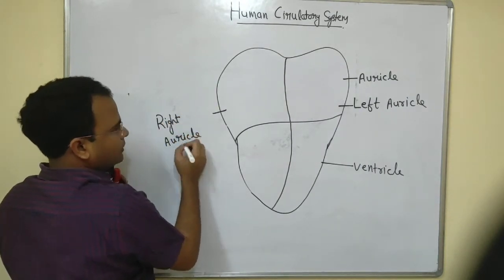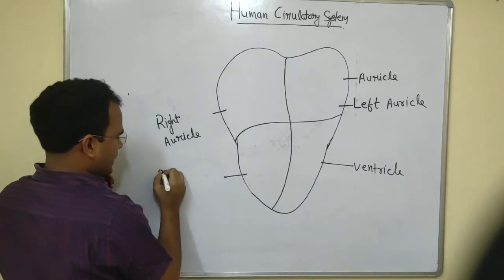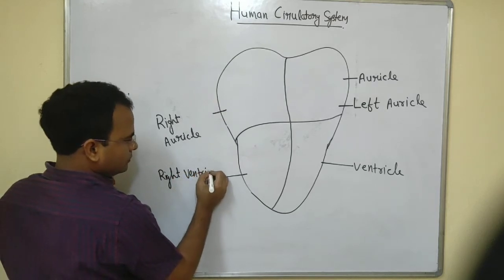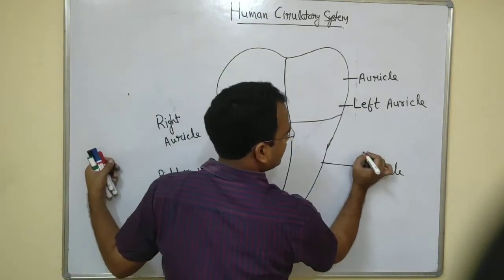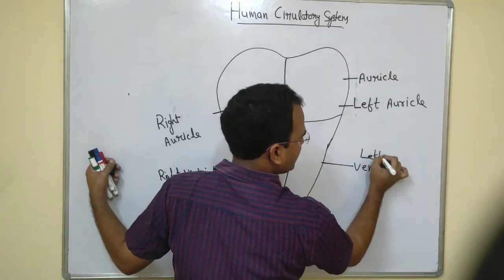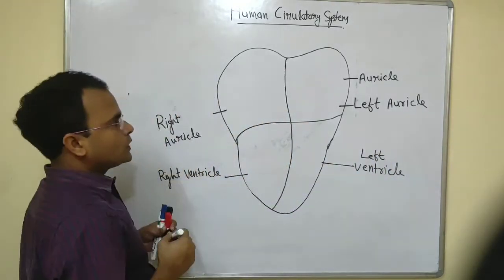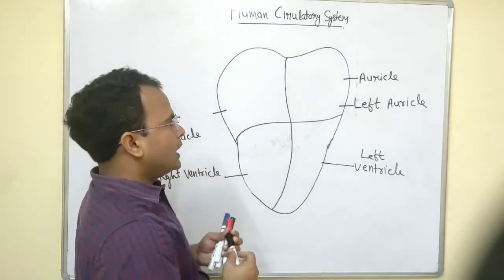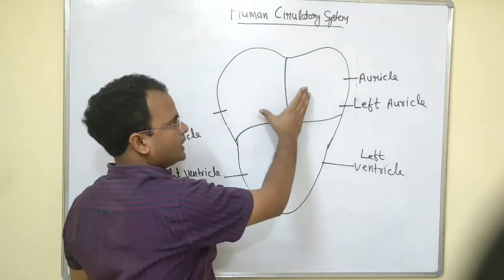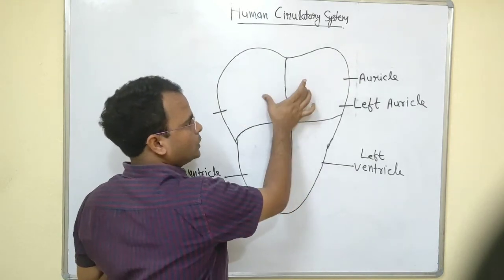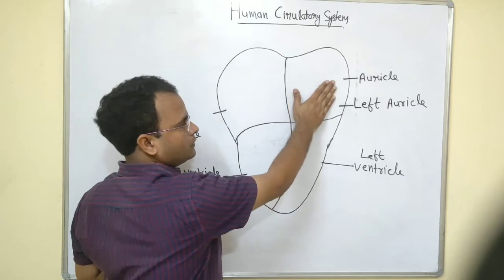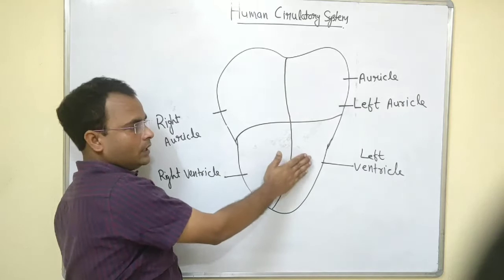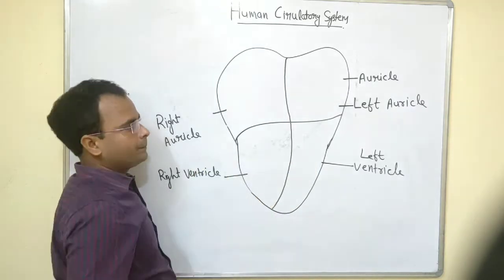The same goes for the ventricle: this will be the right ventricle, and this will be the left ventricle, right? So the upper part is called the auricle, the lower part is called the ventricle, and when the vertical division happened, the auricle also divided into left auricle and right auricle, and the ventricle into left ventricle and right ventricle.